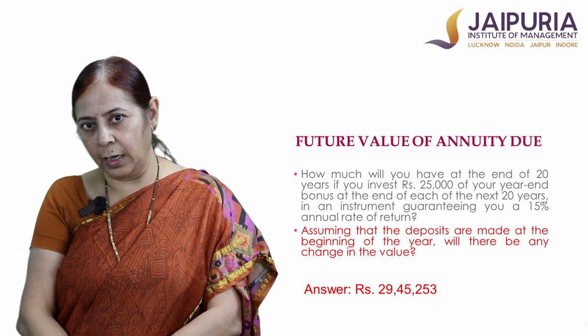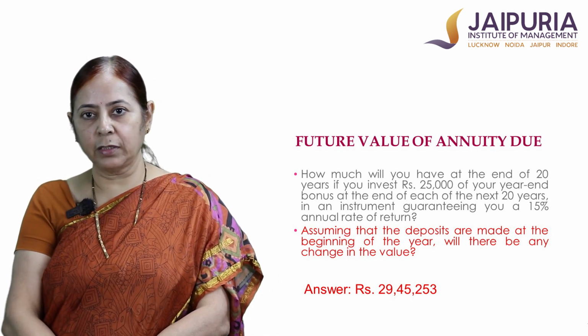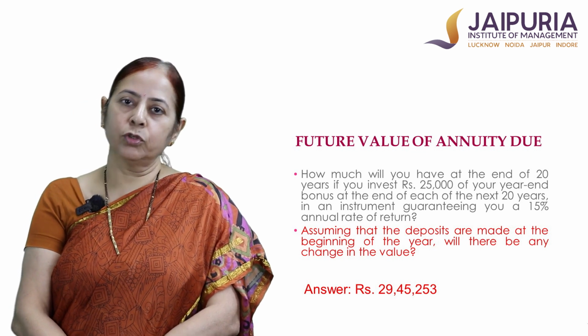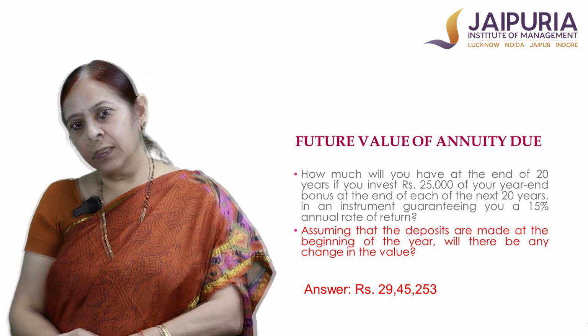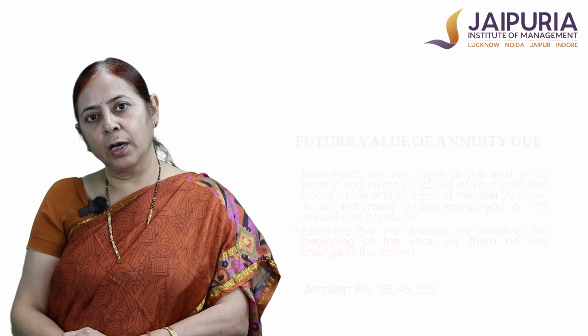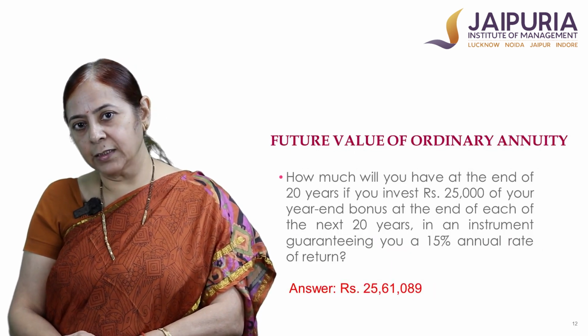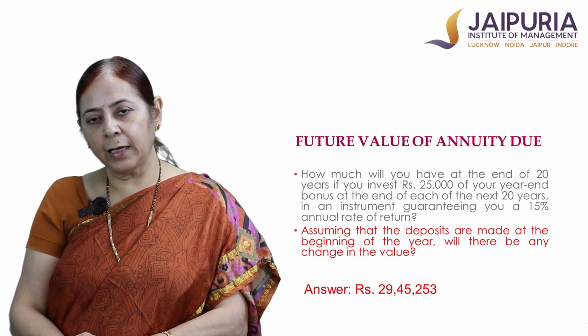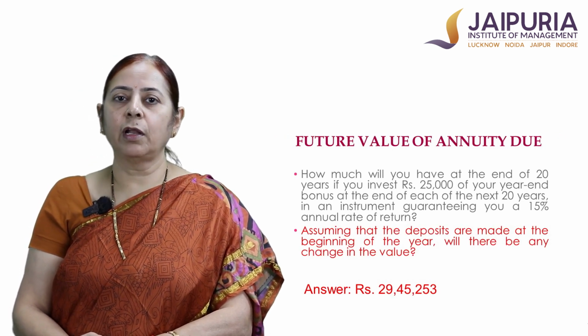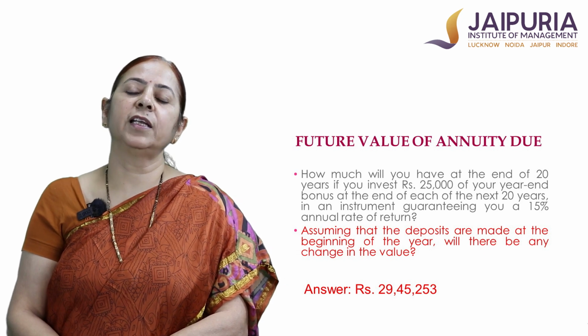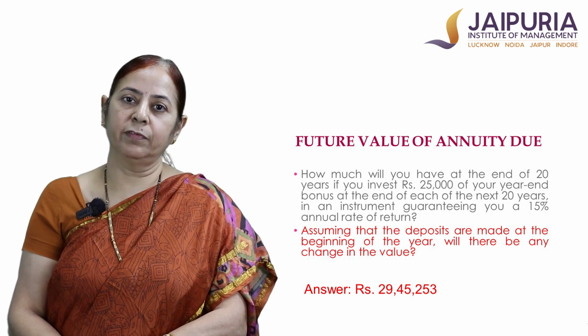You can see the answer is 29,45,253. If you compare, this answer is bigger than the earlier one, which was 25 lakhs 61,089. The difference comes because 1 year's additional interest is being given.